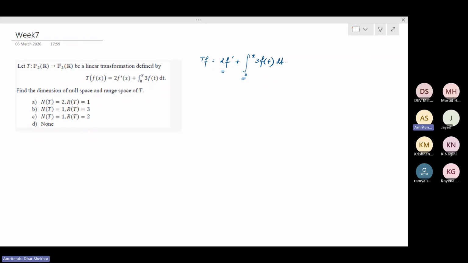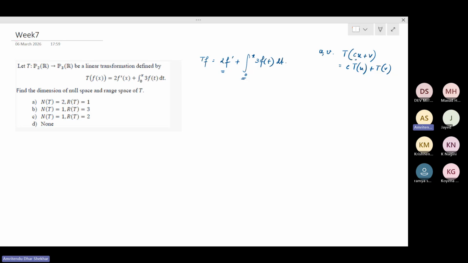Recall that a map is a linear map if it satisfies this property: if you have two vectors u and v, then a linear map must satisfy T of cu plus v is equal to c times T of u plus T of v, where c is a constant.